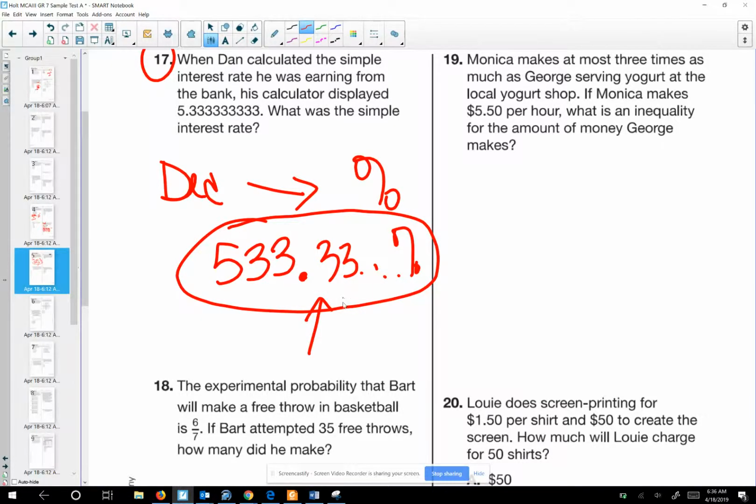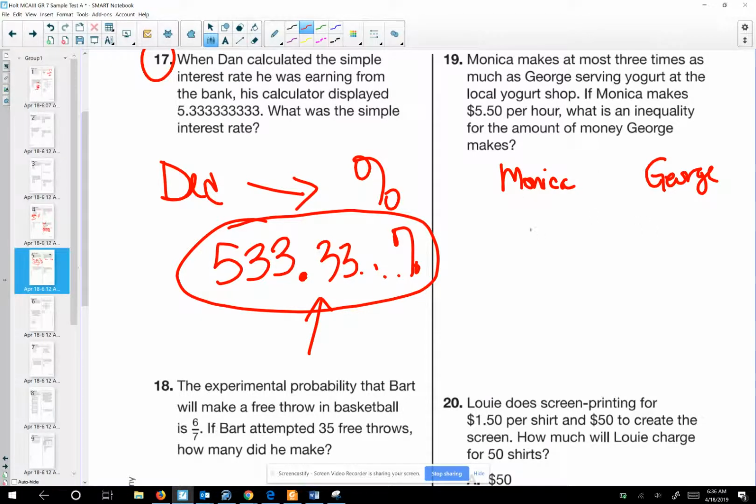Okay? When you look at, and I'm just going to, well, I suppose I should look at 19 for a minute, just so you understand. You have Monica and you have George. Okay? They both work at this shop. And it says that Monica makes at most 3 times as much money as George.